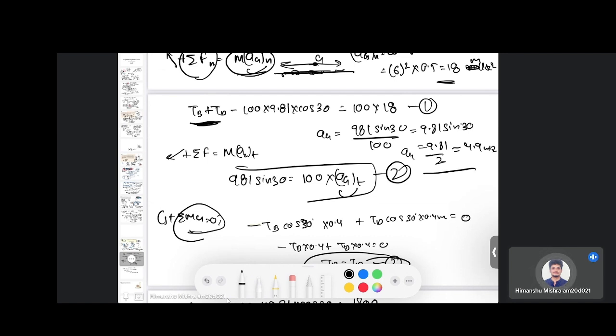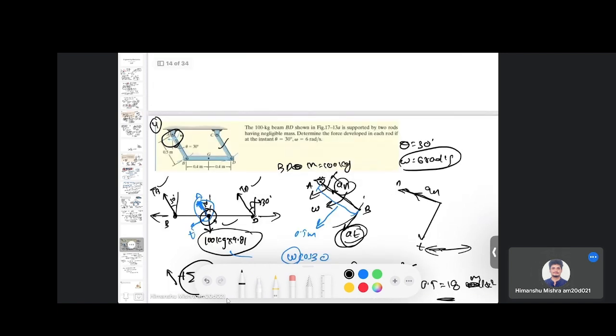Just note that we solved this problem in the normal and tangential coordinates instead of Cartesian coordinates. You can solve this problem in Cartesian coordinates as well, where you define the horizontal as the x-axis and vertical as the y-axis, but mathematically it will become more involved. However, the concept will be the same.